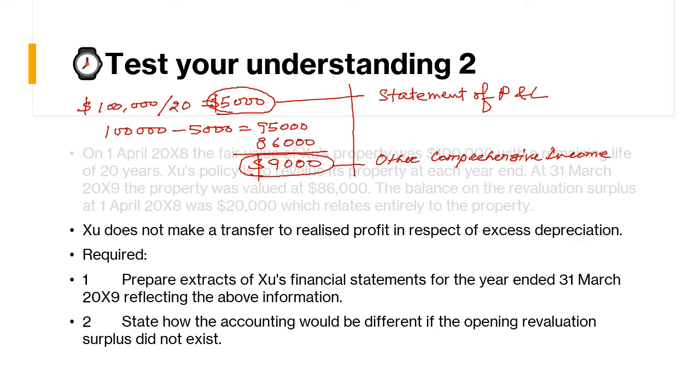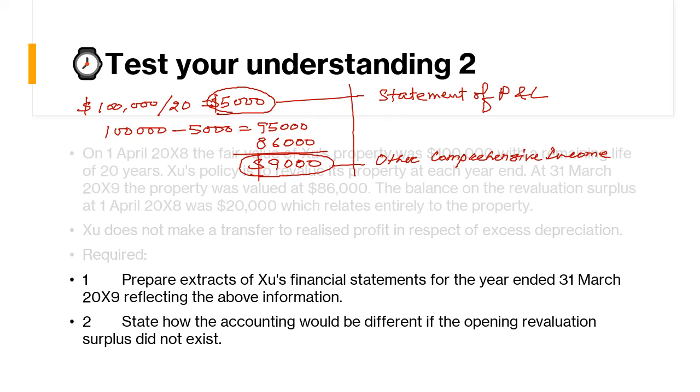Now in the balance sheet, on the liability side, other comprehensive income is earlier $20,000 less 9,000.